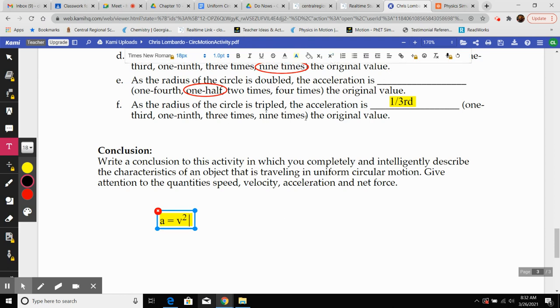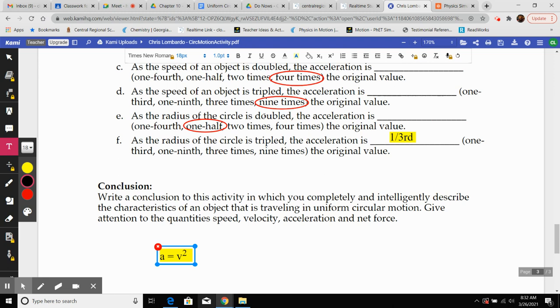But how is it related now to the radius? As radius got bigger, it doubled. What happened to the acceleration? Got cut in half. If radius was tripled, what happened? It got cut into 1/3. So that would basically be saying I'm dividing by the radius.